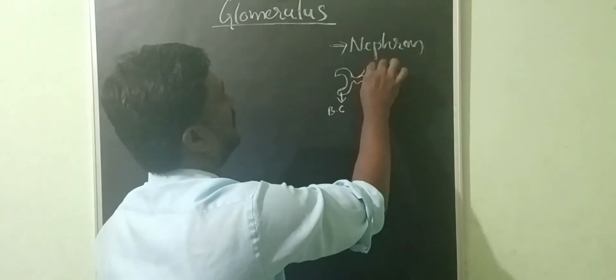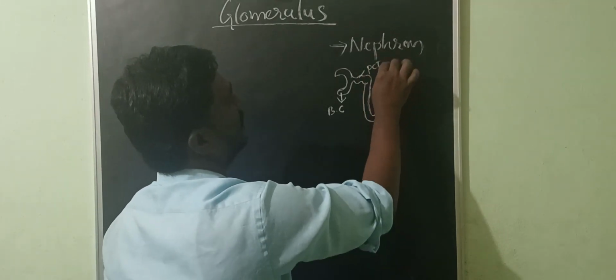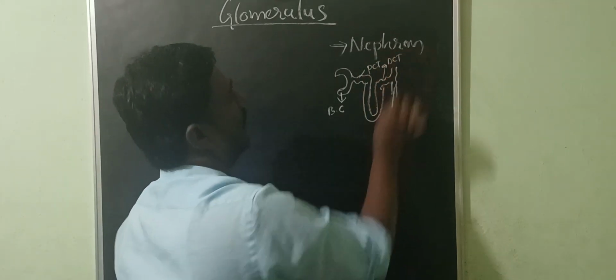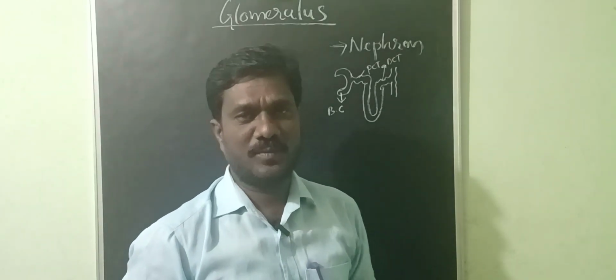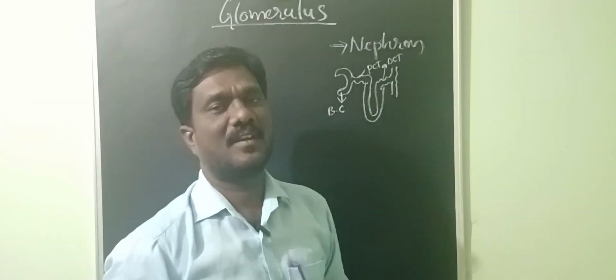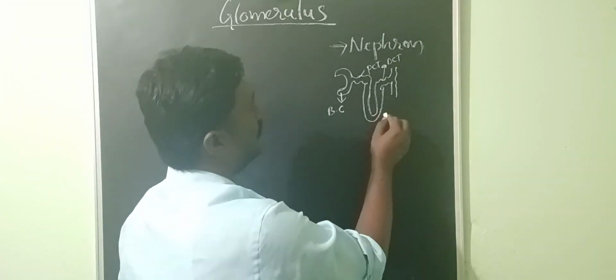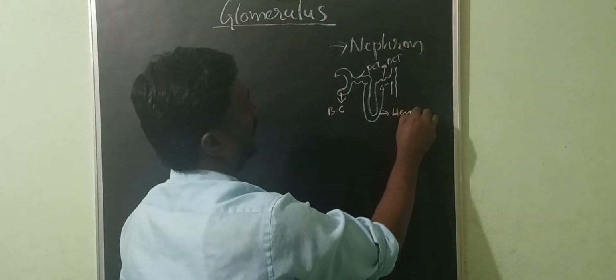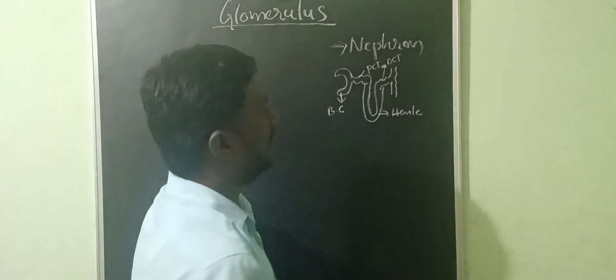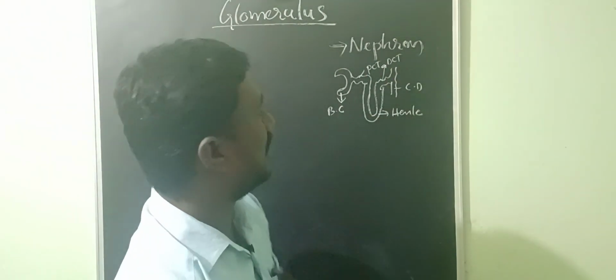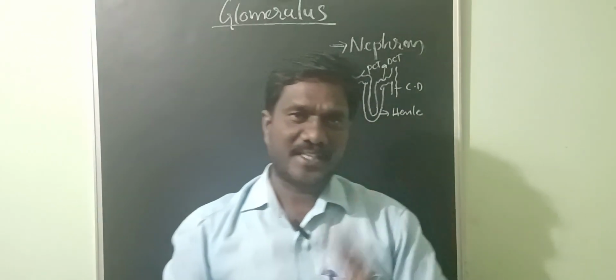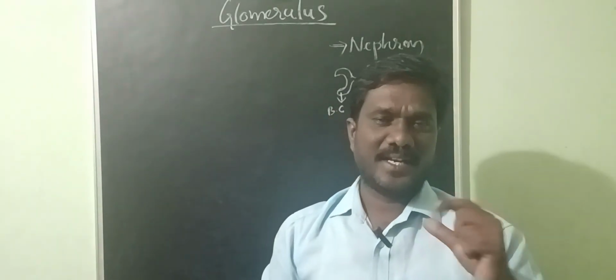This is the PCT, the proximal convoluted tubule. This one is the DCT, the distal convoluted tubule. This is the loop of Henle. This is the collecting duct. This is the main functional unit inside the kidney.